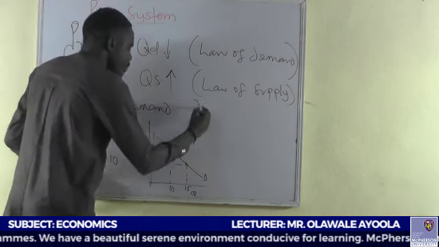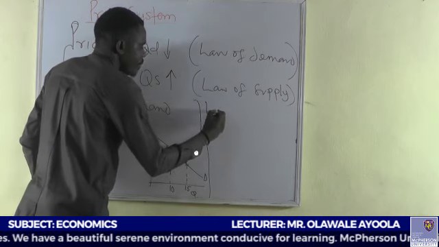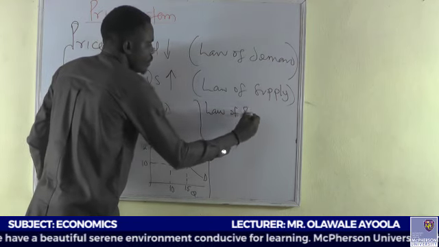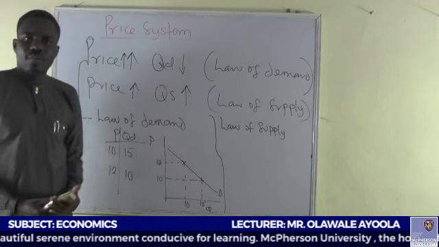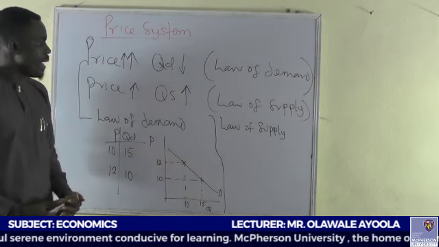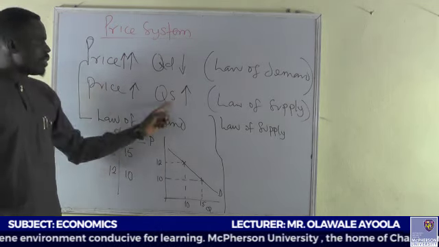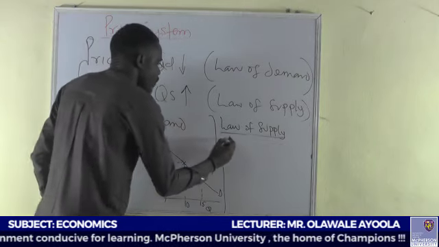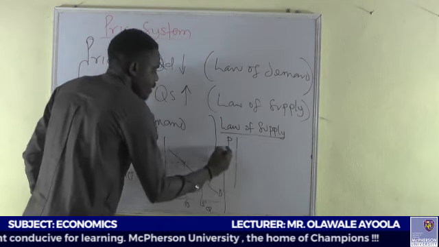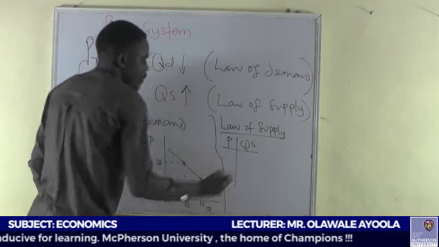Also, for the law of supply, as shown by the relationship between price and quantity supplied, the law of supply states that when the price of a commodity increases, producers supply more.